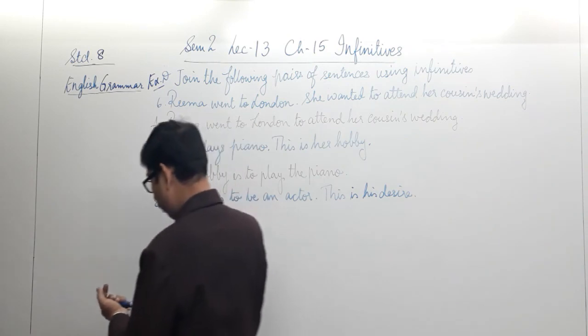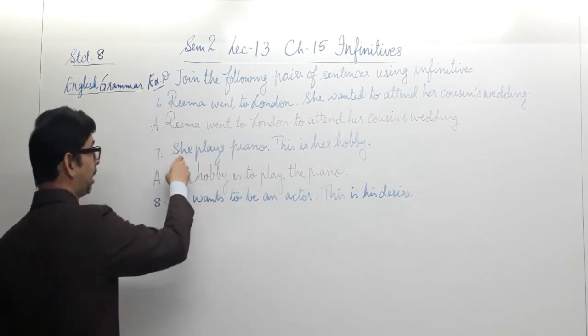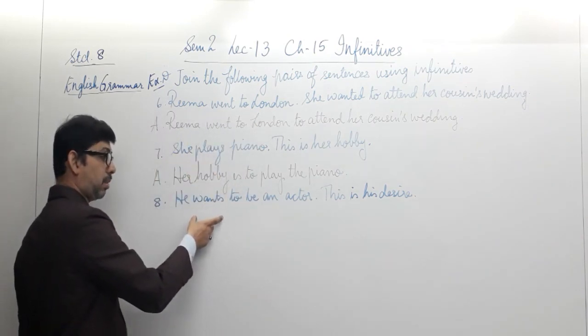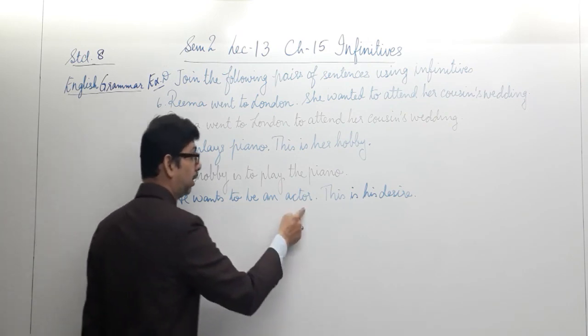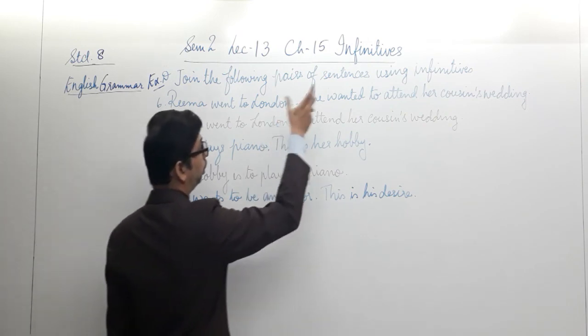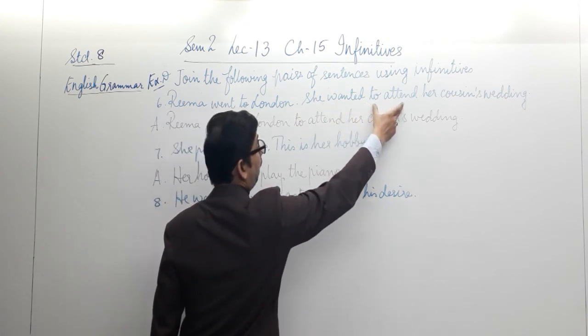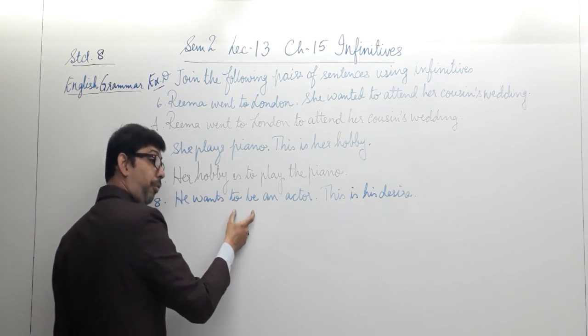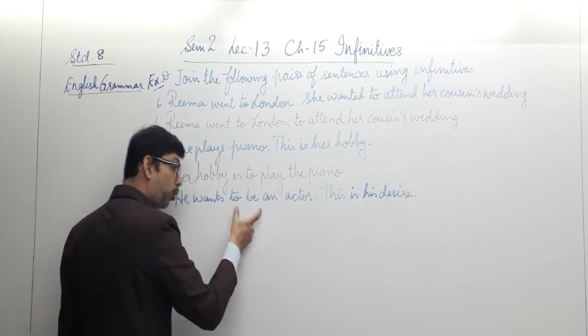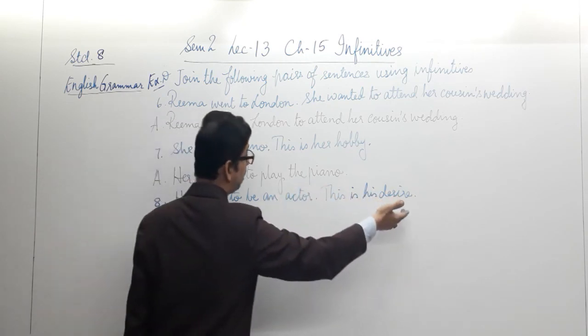Have a careful look at this sentence. Unlike the seventh one, this sentence is also of a different type. He wants to be an actor. Usually we had the infinitive in the second part, but this time we have the infinitive in the first part given to us. He wants to be an actor and this is his desire.